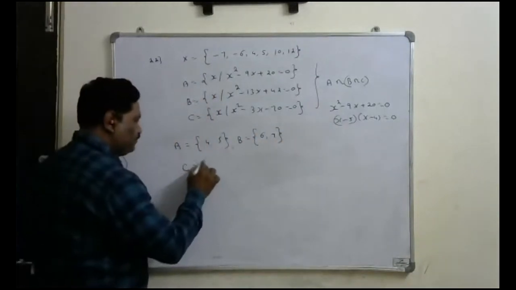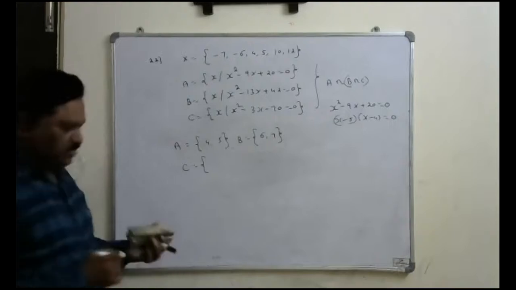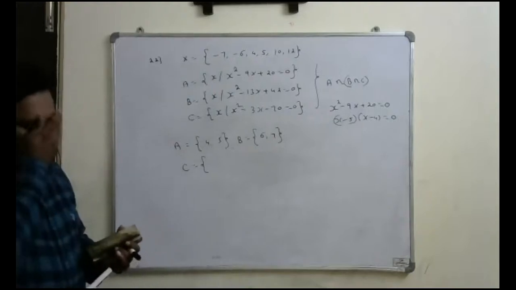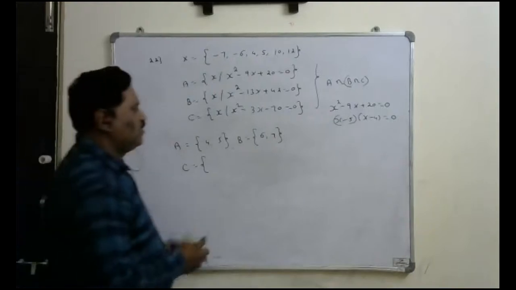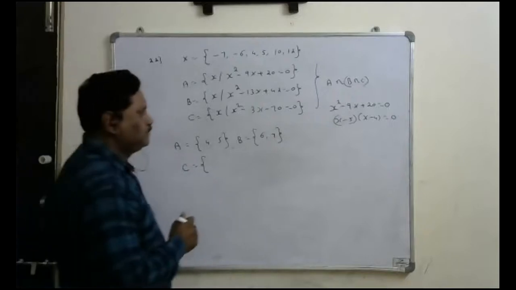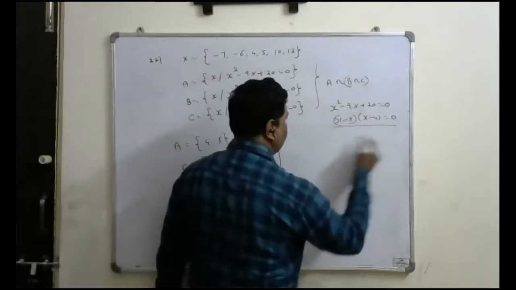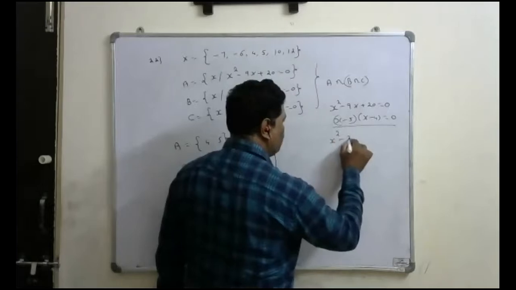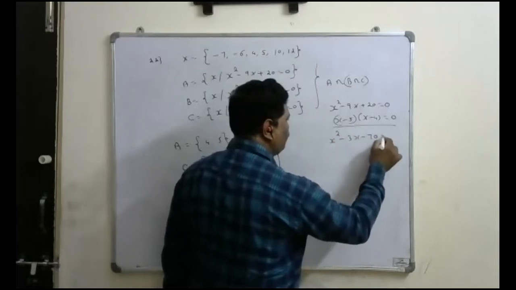And for the C, what are the factors of that? 7 and 10. X squared minus 3x minus 70, no?